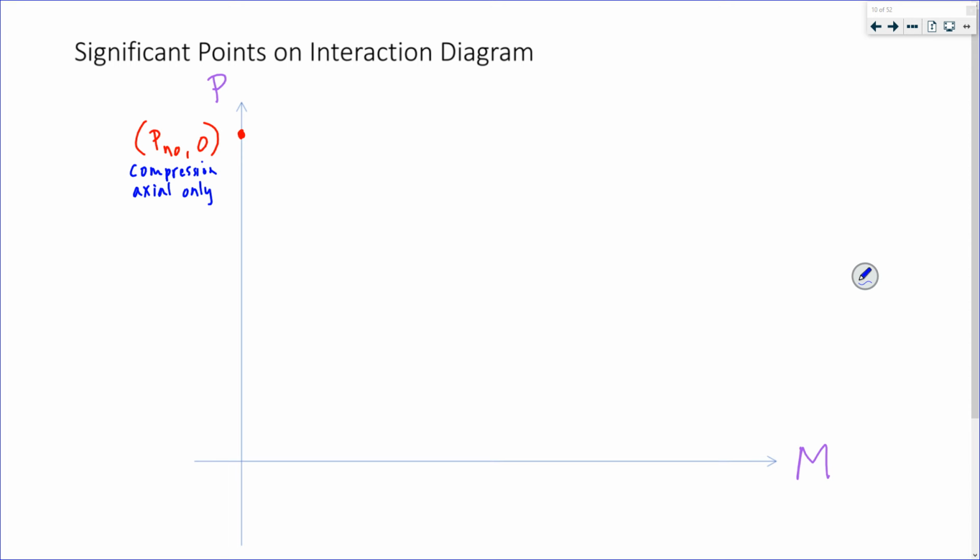My strain profile would look like, it'd be straight.